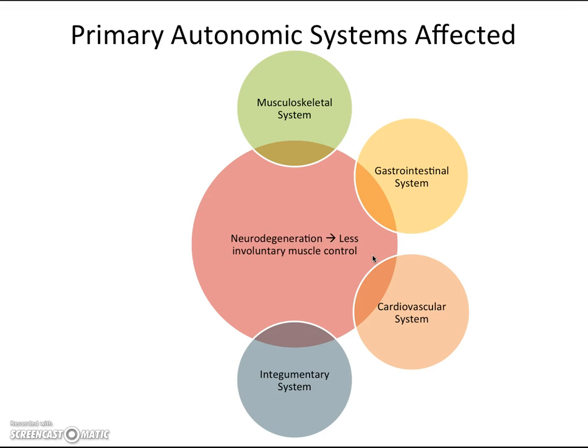And if the spinal cord has Parkinson's disease pathology, you're going to have issues with this cycle, this homeostasis cycle. And you also can have issues with the sweat glands and also the erector pili muscles. Those are the little muscles that attach to the hairs in the skin. And so either one or the other happens. Again, Parkinson's disease and the symptoms can vary a lot from person to person.